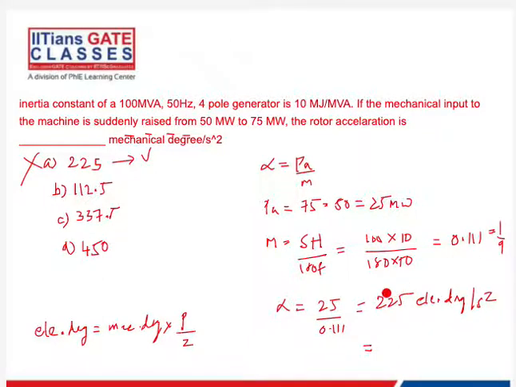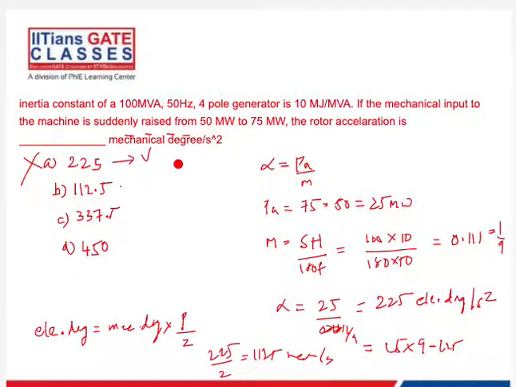You say 1 by 9 and you get 225. So this is perfect. 225 divided by 1 by 9, that is 225 into 9. It will be electrical degrees, right? So what is mechanical degrees into P by 2? What is the number of poles? 4. So this would be 225 divided by 2, 112.5 mechanical degrees per second square.